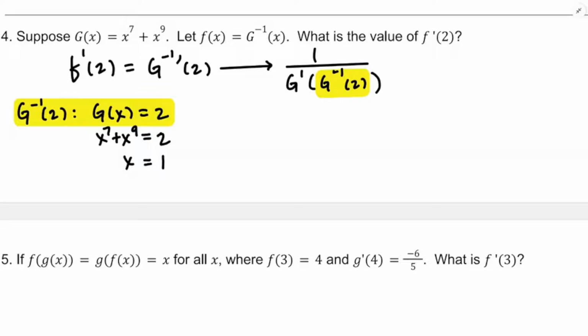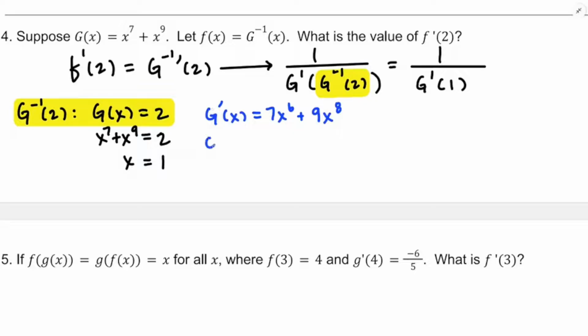1 over g prime of g inverse of 2, which is going to be 1 over g prime of 1. But I have not really taken g prime yet. I didn't talk about g inverse, but for the derivative of g, I'm going to use the power rule. It's going to be 7x to the 6 plus 9x to the 8.